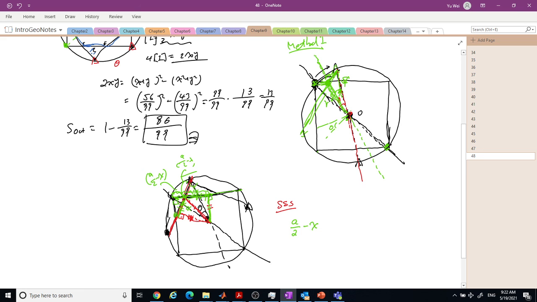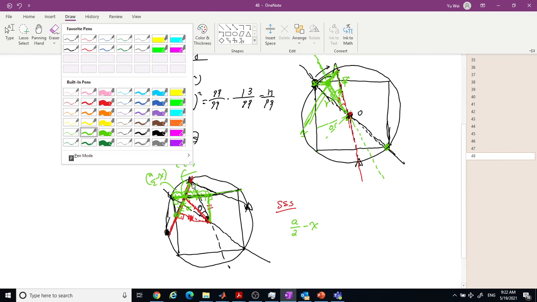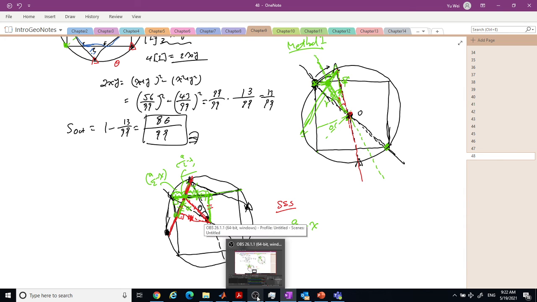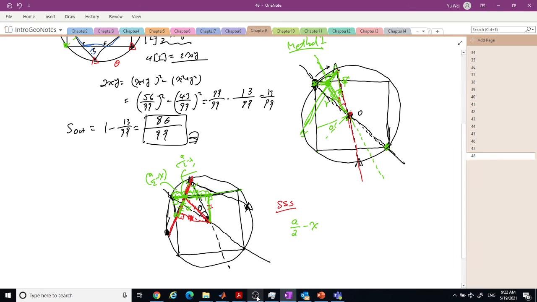So we have two similar triangles with the corresponding legs the same, so of course they are congruent. Okay, that's it for the re-explanation of the congruence. Thank you. Bye.